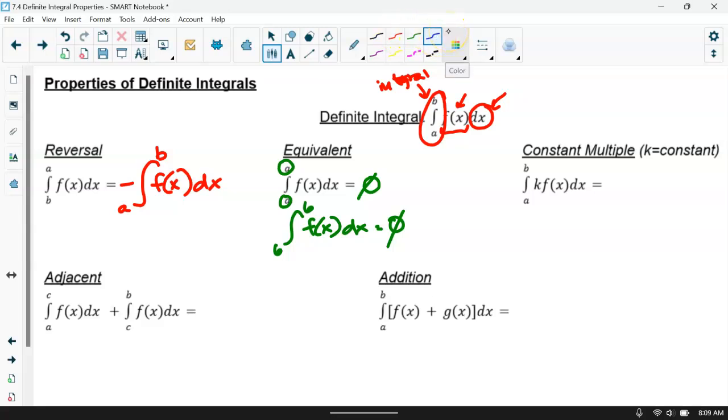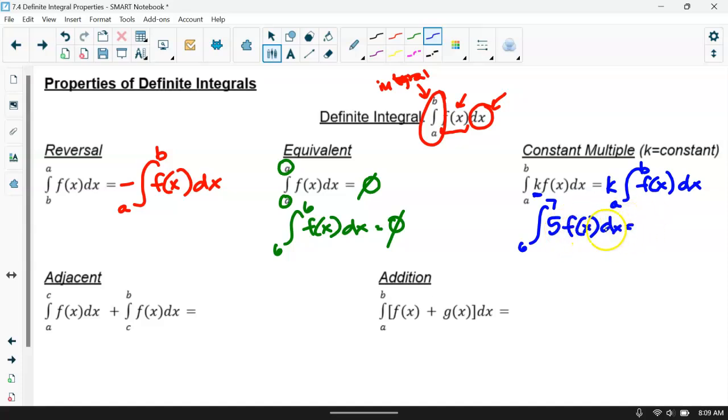So that's why here our value is 0, or the area under the curve. Then our constant multiple, where k is a constant that we are multiplying by. Well, that is the same as just multiplying our area under the curve from a to b by that value. So let's say we're going to focus on 6 to 7 of 5 times f of x dx.